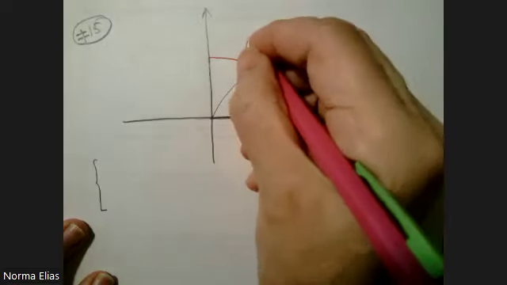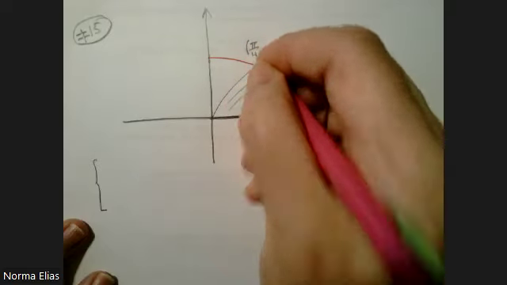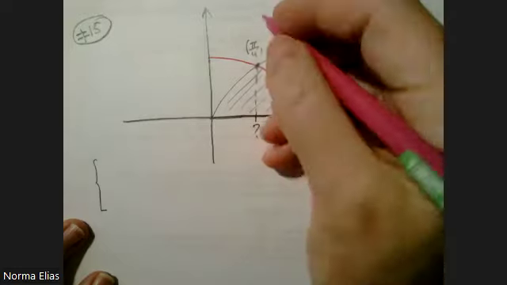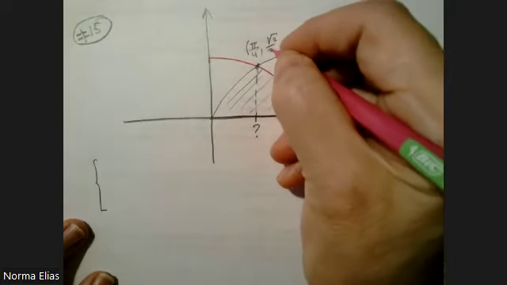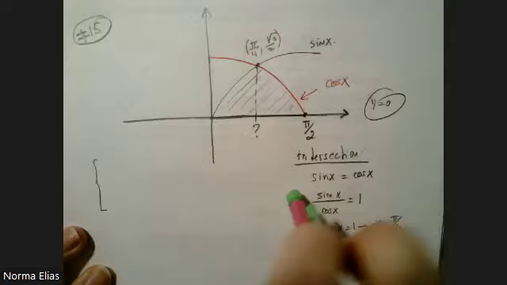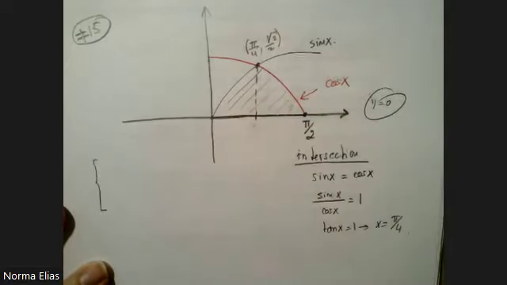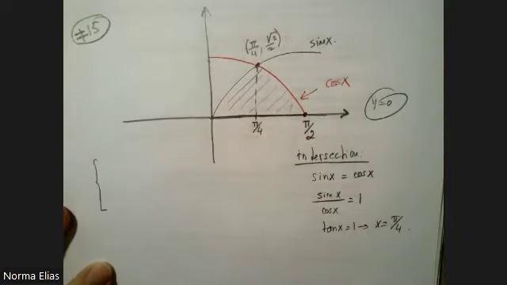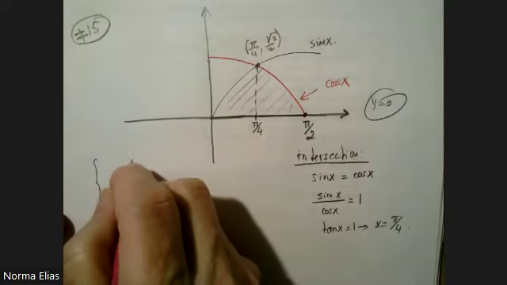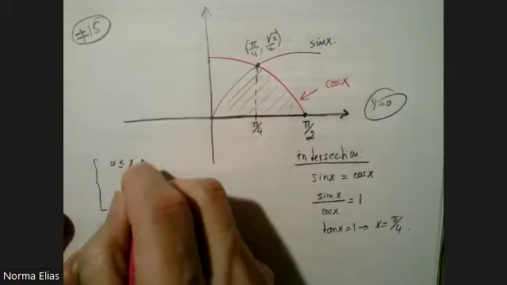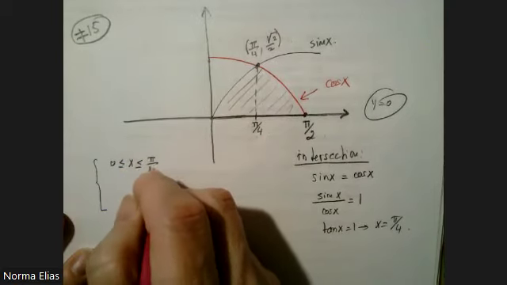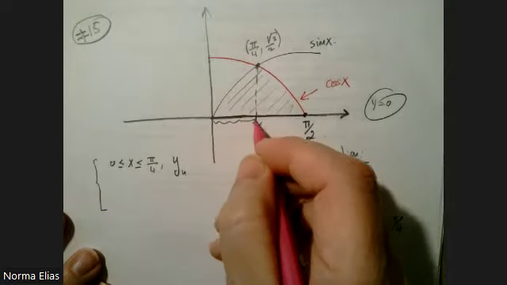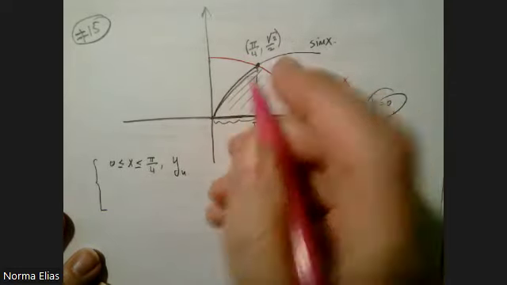So this intersection is pi over 4, sine pi over 4, square root of 2 over 2, square root of 2 over 2. So this point right here is at pi over 4. Okay, so we have to split. So for x between 0 and pi over 4, up to here, the upper curve is the sine.